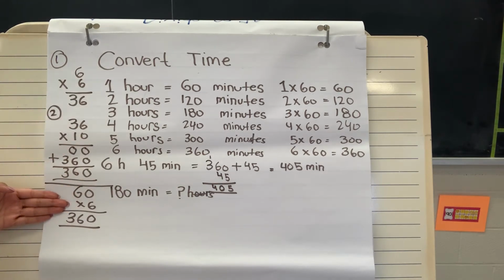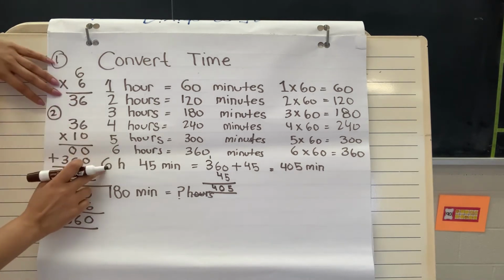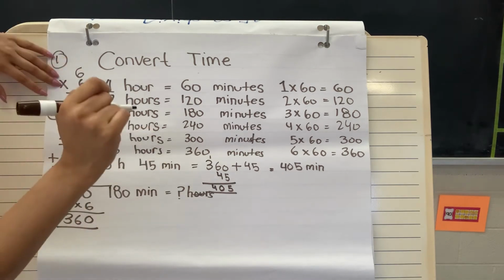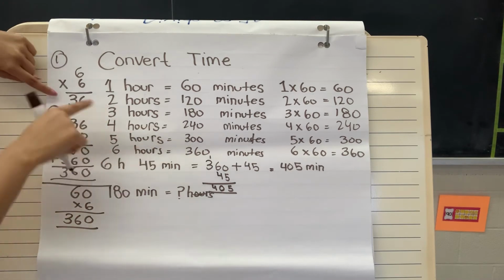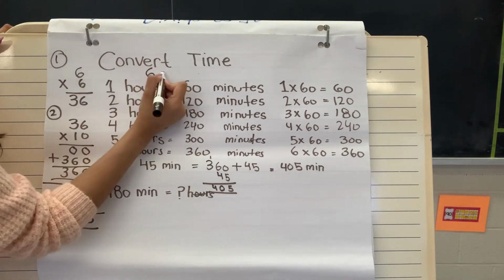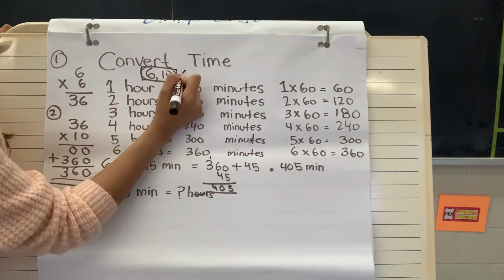Does that make sense? But for now, please remember, whatever hour you are given, first step is to multiply that hour by 6. Then you multiply the answer by 10. So 6 and 10. Multiply.